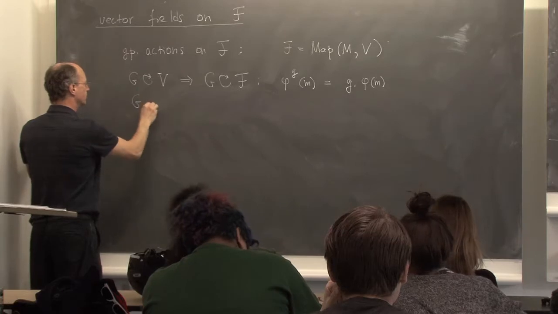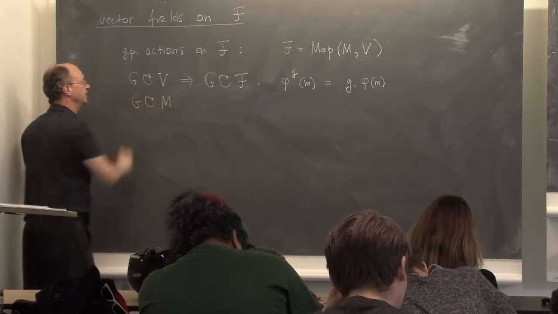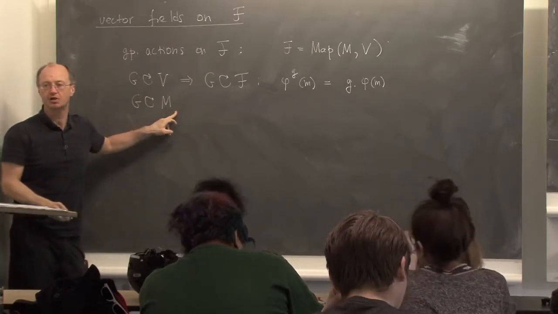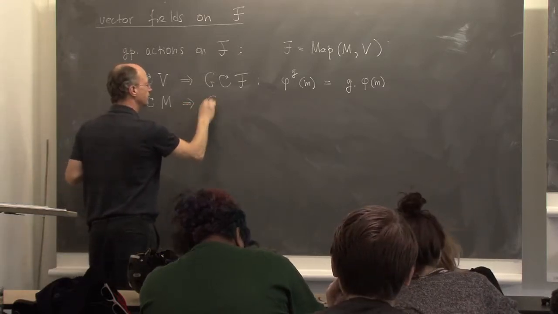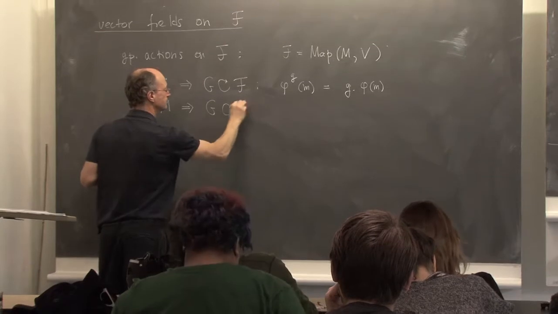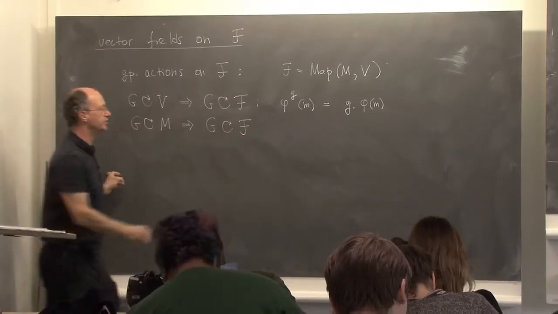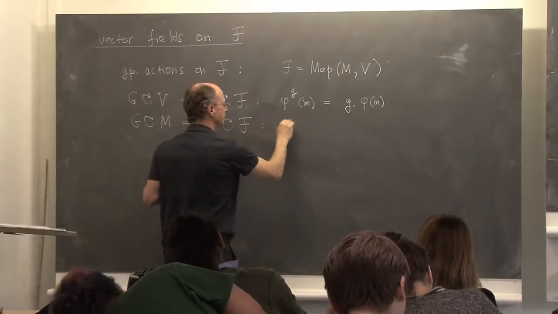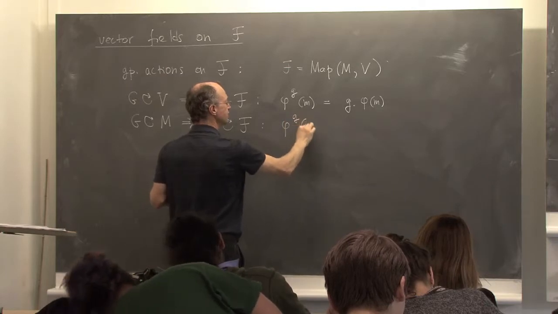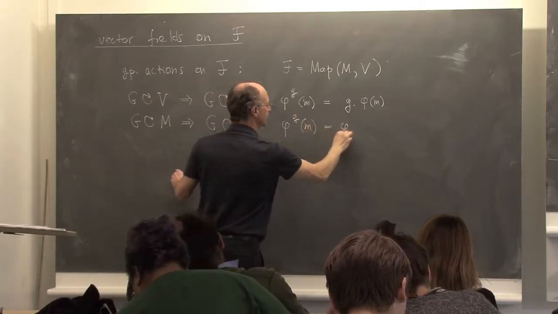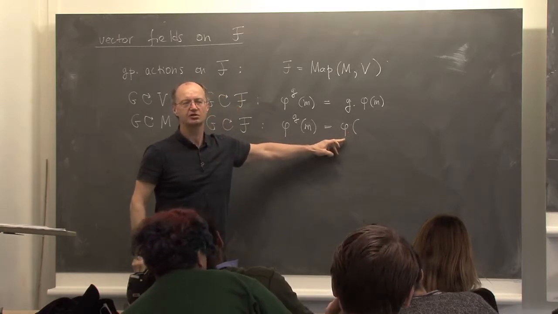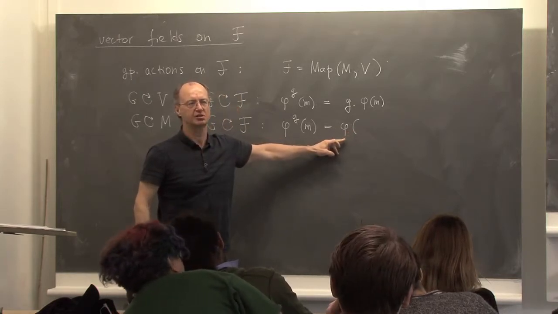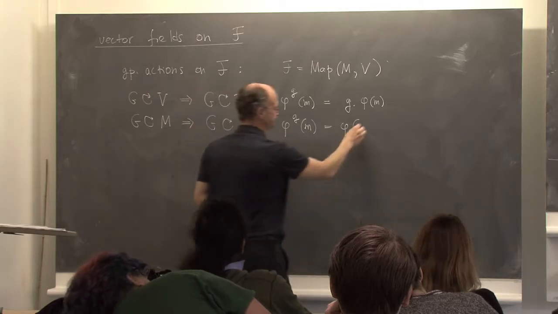The same game can be played if you have an action on the space-time. Then again, the group acts on the space of maps, and here the formula will be slightly different. I'm always confused with those plus and minus signs, left and right actions.